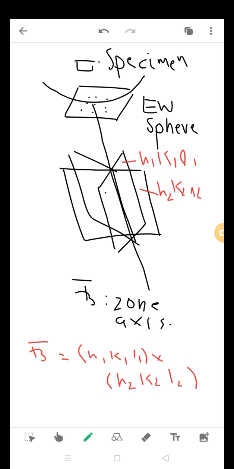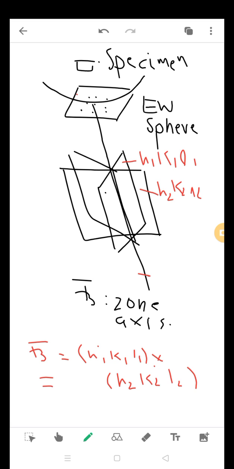A plane is always named by its normal. So if I consider H1 K1 L1, it is the normal of the plane. This normal crossed with the other normal gives you the zone axis B. All diffraction spots from these planes belong to one zone. That is how the zone axis comes.